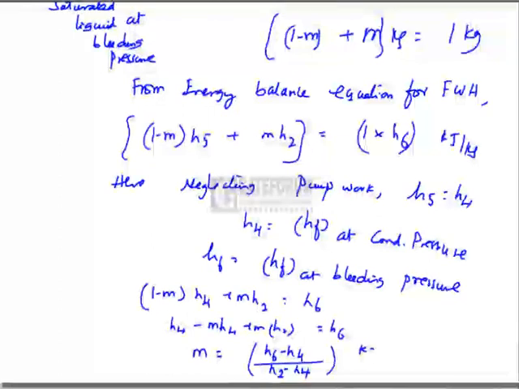This is mass of steam bled per 1 kg of steam entering turbine.